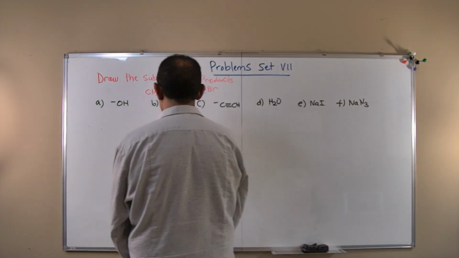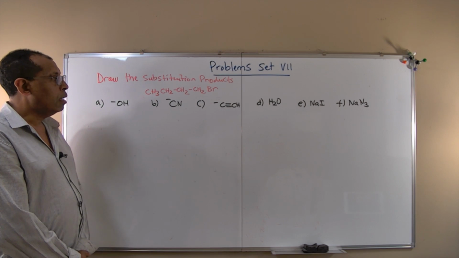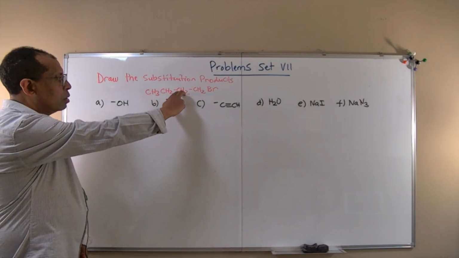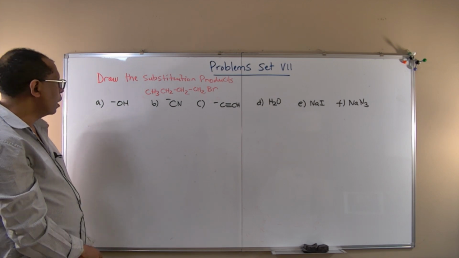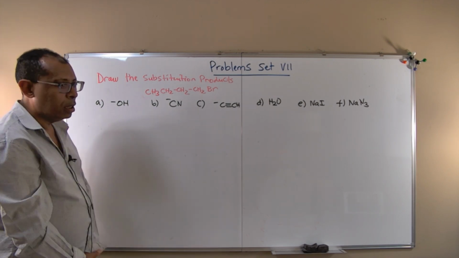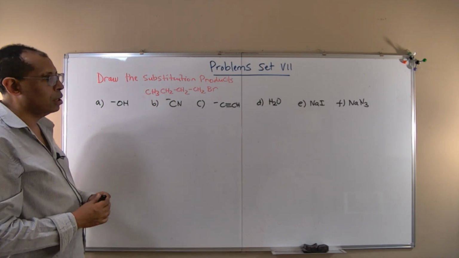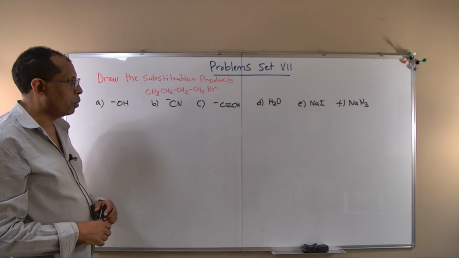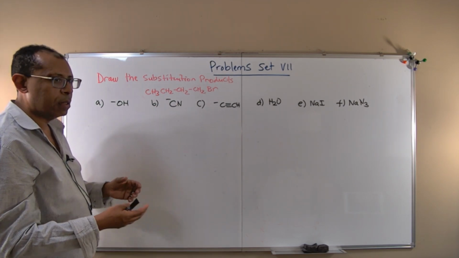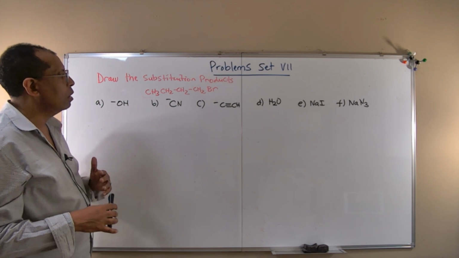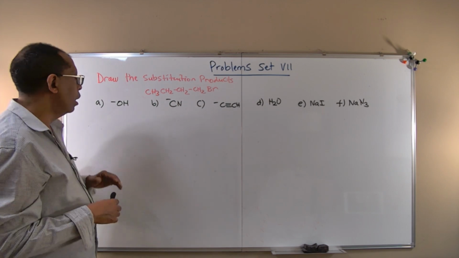The question is asking us to draw the substitution products when an electrophile, which is the alkyl halide, a primary alkyl halide by the way, is reacting with one of these nucleophiles. The nucleophiles are given, and the question is just to give the substitution product. Without going into the details of the mechanism, we can just give what products are possible with these nucleophiles.